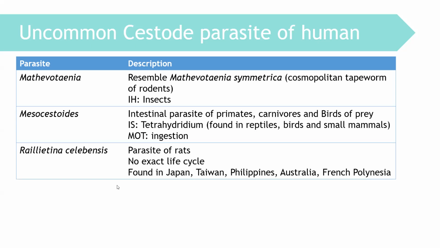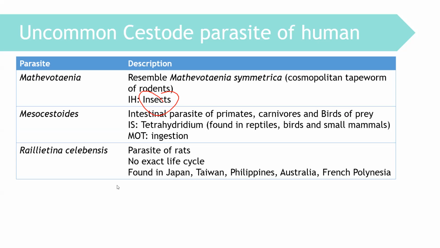We also have Mathevotaenia species, which resembles Mathevotaenia symmetrica, the cosmopolitan tapeworm of rodents. Take note, insects serve as the intermediate host. We also have cestodes that are intestinal parasites of primates, carnivores, and birds of prey.